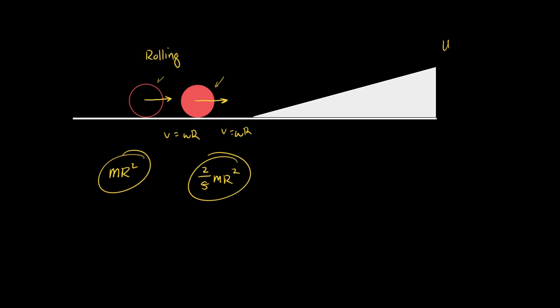If they are moving with the same velocity, then they have the same angular speed. But the ring took more energy to get to that speed than the solid sphere. So it must have more energy total. It'll go higher on the ramp.